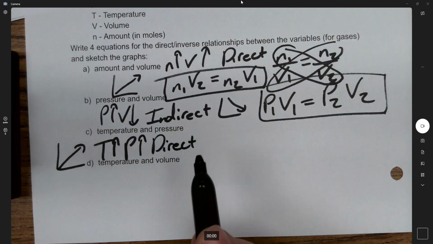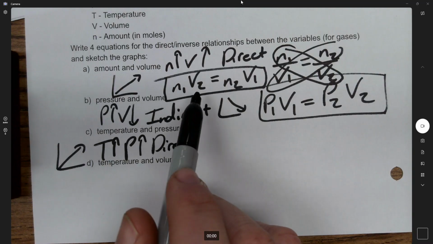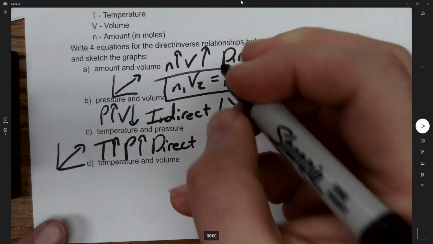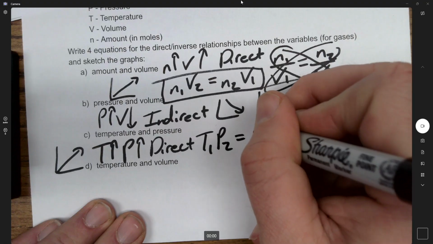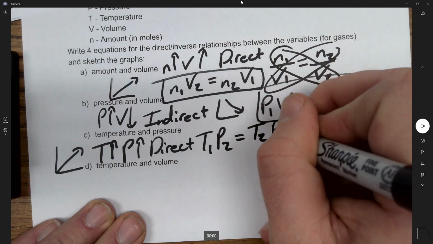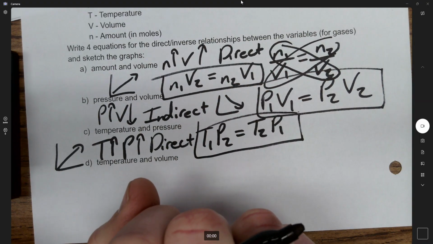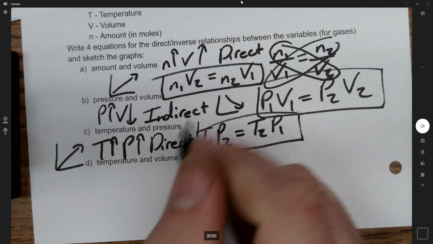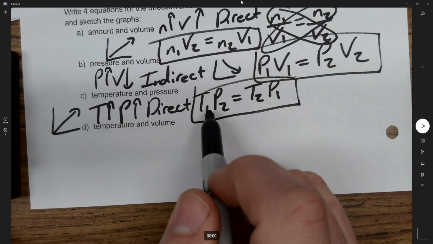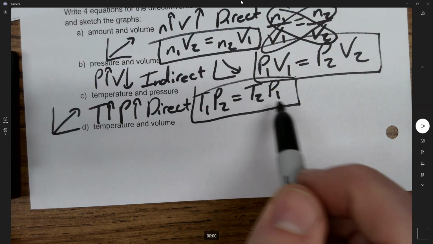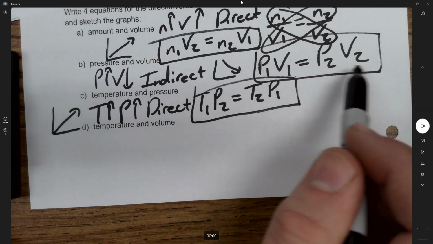And we're going to see that all of my direct equations are going to have this pattern: 1, 2, 2, 1. T1 times P2 is equal to T2 times P1. Both of my direct relationships have the same pattern. 1 times 2 equals 2 times 1. My inverse, 1, 1 equals 2, 2.